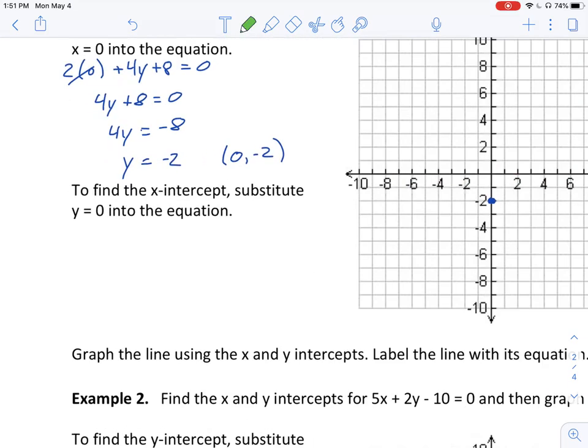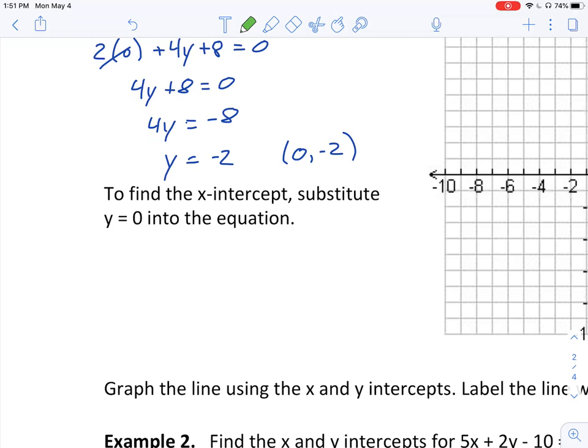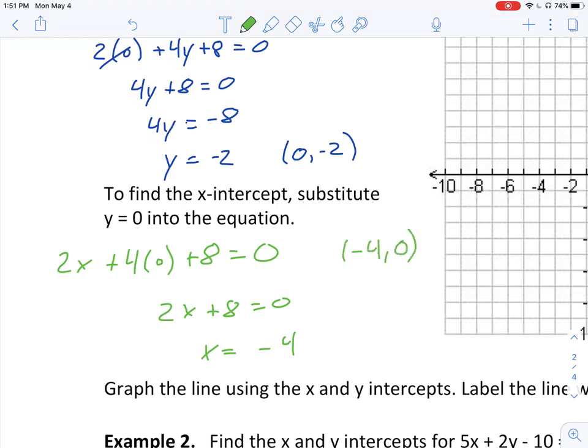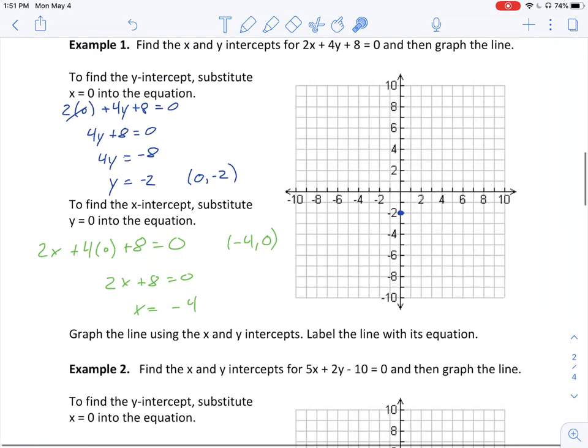So 2x plus 4 times 0 plus 8, and I'm getting 2x plus 8 equals 0. x is equal to negative 4, which means that the coordinate is (negative 4, 0), right? Because we know that y is 0, and then we found x to be negative 4. So I'll go ahead and plot that, negative 4 and 0.